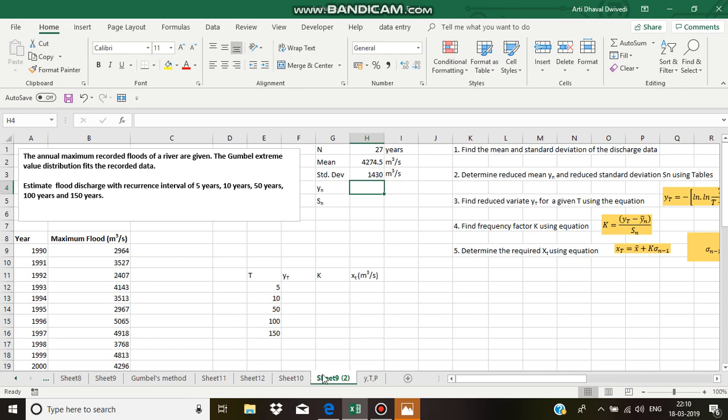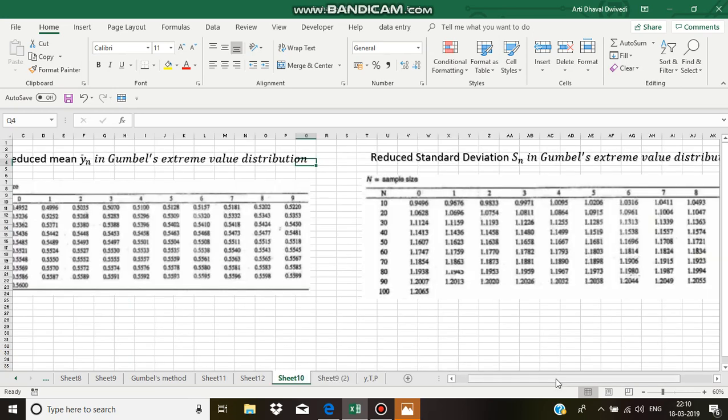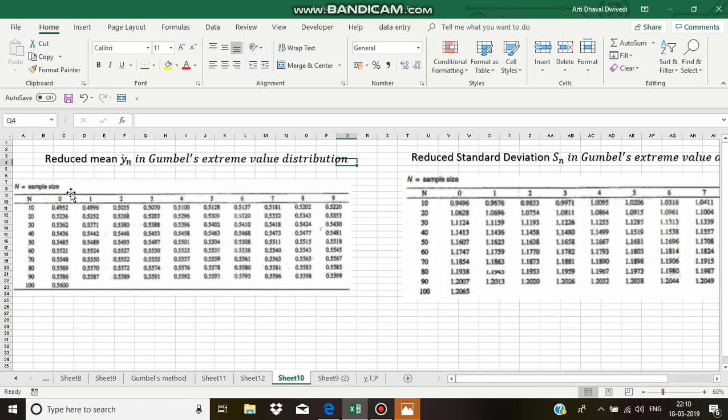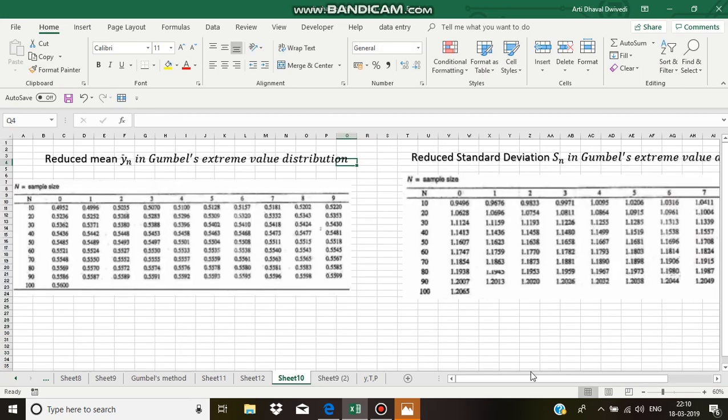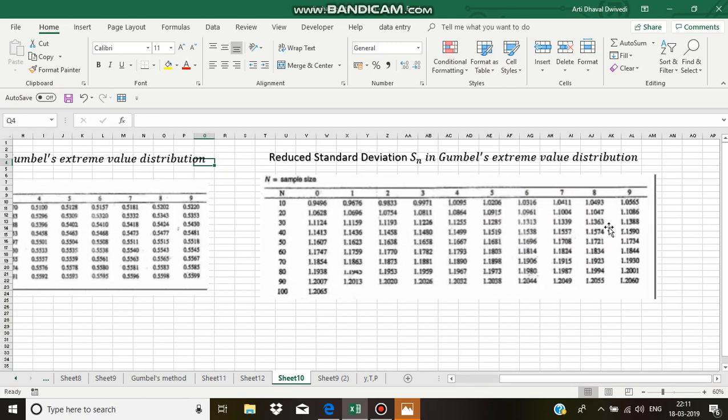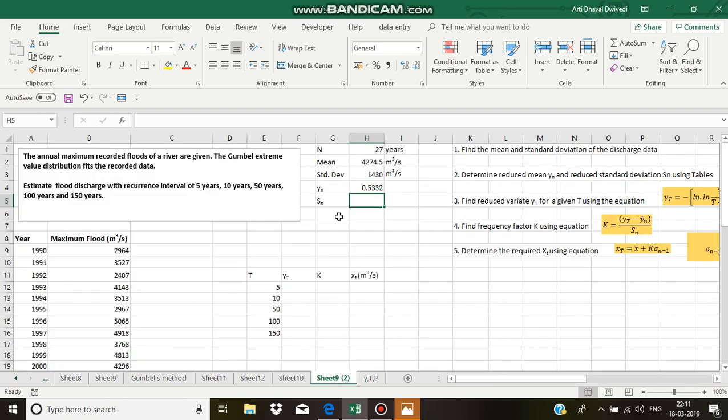Now the value of yn corresponding to the given sample size of 27 is 0.5332, and value of reduced standard deviation corresponding to sample size of 27 is 1.1004.